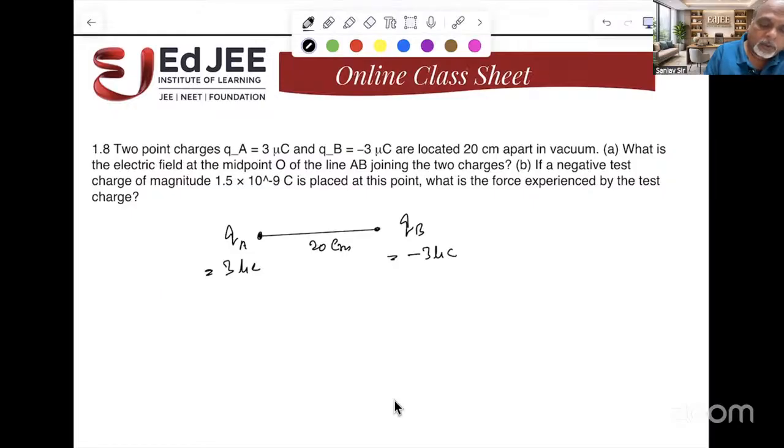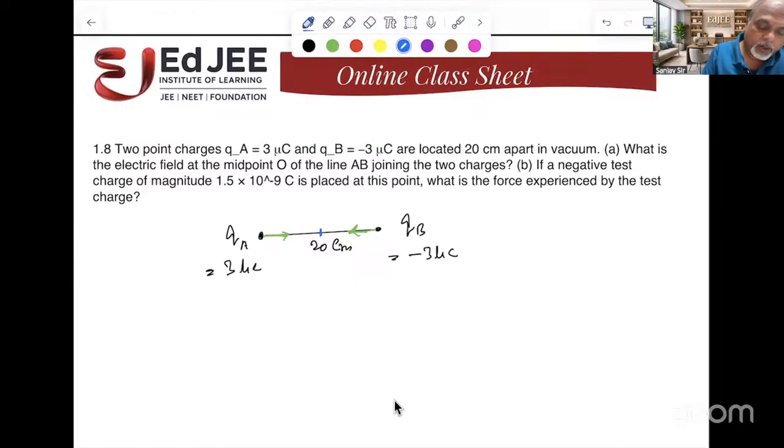And of course, since they are opposite in character, they are going to attract each other. What is the electric field at the midpoint O? So let us see it. This is the midpoint O.